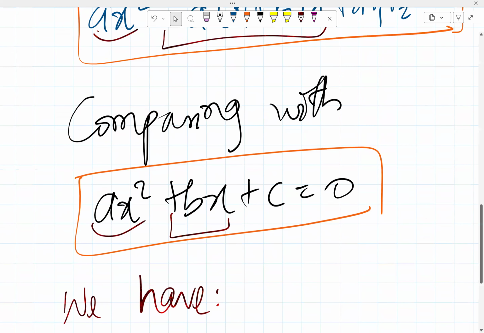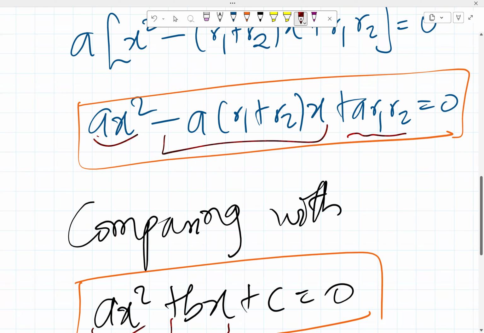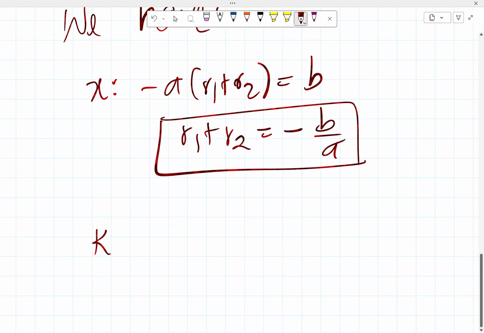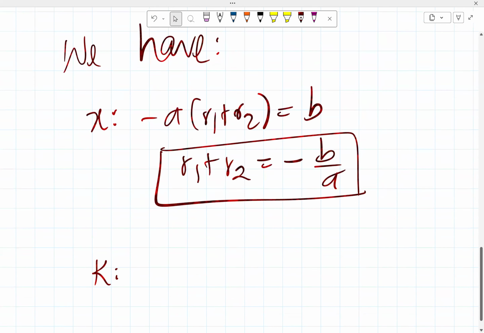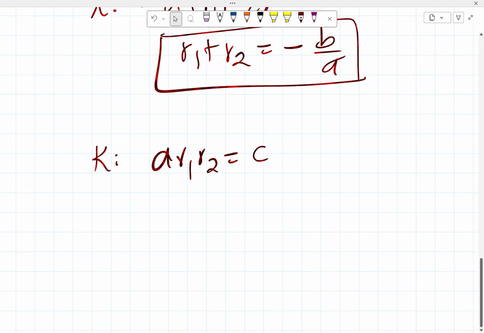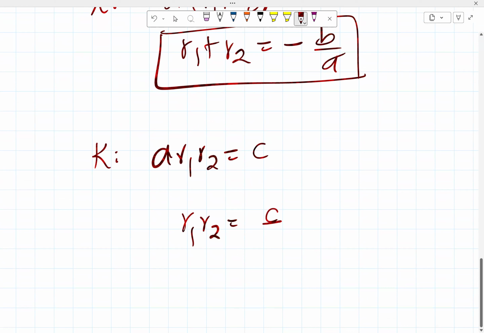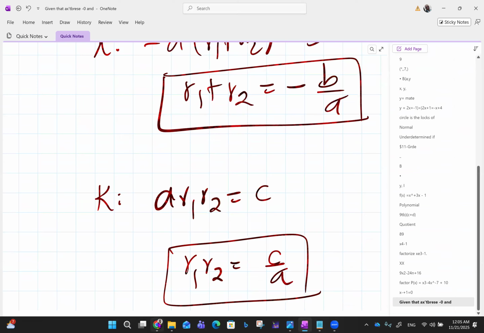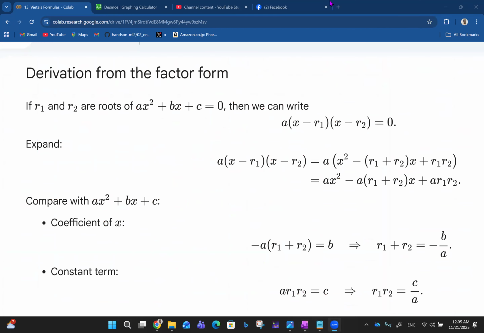On the other hand, if we compare the constants, we have up there, AR1R2 equals C. So that means that R1R2 equals C over A. With those in place, we have derived what Vieta's formula is about as far as quadratics are concerned.